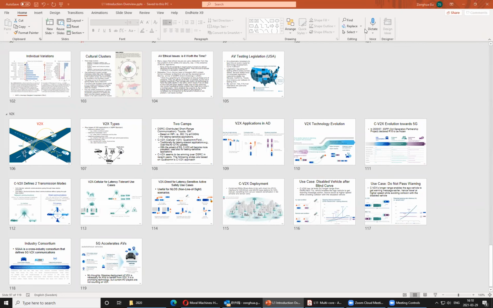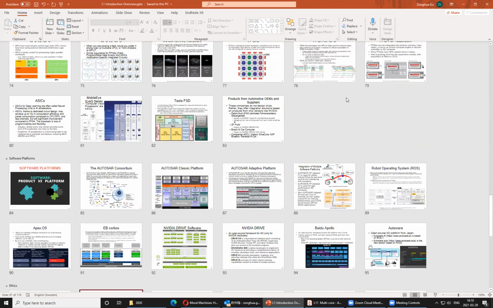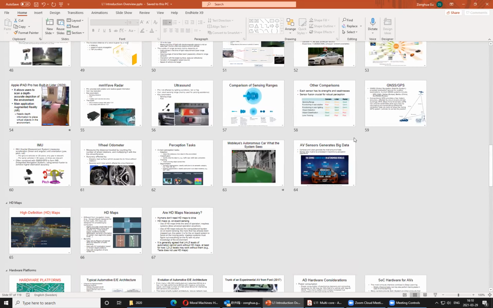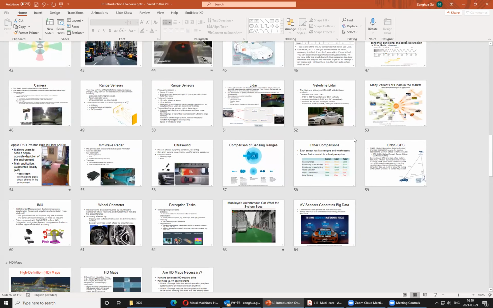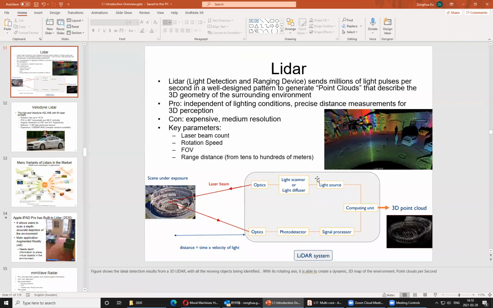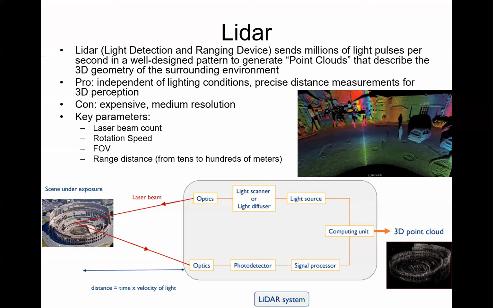Yeah, I have a question regarding Lidar. As I could read there, Lidar is independent of lighting conditions, right? Yes. If you see here, the device has sent one light signal and it received it.